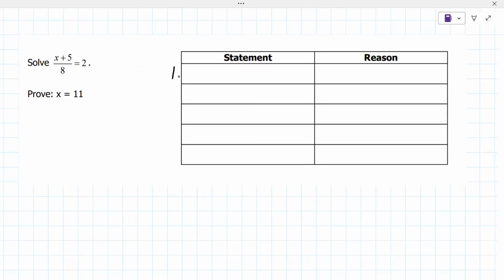So go ahead and work this out as much as you can, please.